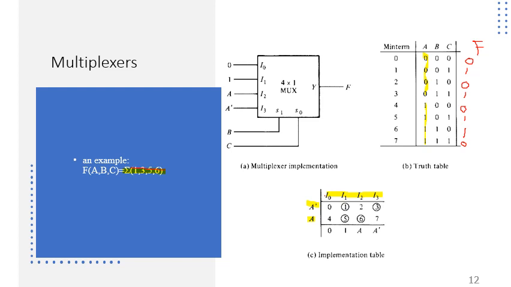For the implementation table, first of all we map our inputs column-wise, and we map the particular input which is going to be implemented on the multiplexer in rows. These 4 input lines represent the users of the multiplexer, and this A prime and A row of the implementation table represents the logic that should be implemented on these input lines.